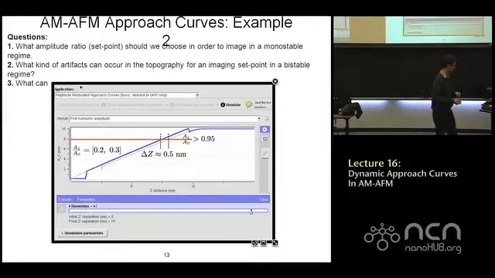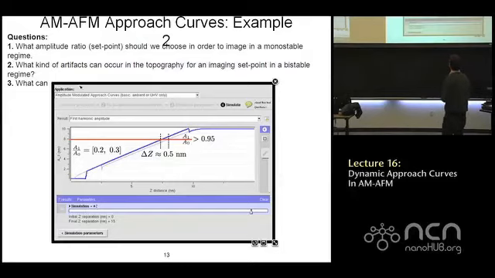So what can happen is we're imaging over the sample and adjusting the Z piezo with the amplitude feedback. If we encounter bumps and irregularities of the sample, there's always a possibility of going from one oscillation state to the other, because we're changing the initial conditions. We might bump into the sample a little bit harder and so forth.